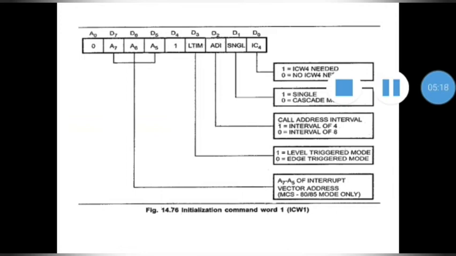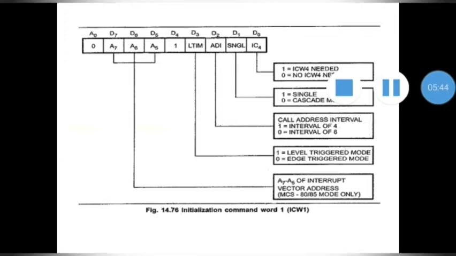Now we will see all these bits one by one. The last bit, your LSB, that is D0, indicates whether your processor needs the ICW4 command word or not. If ICW4 is needed, then this bit is set to 1.